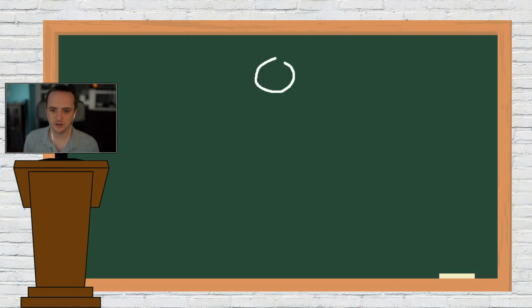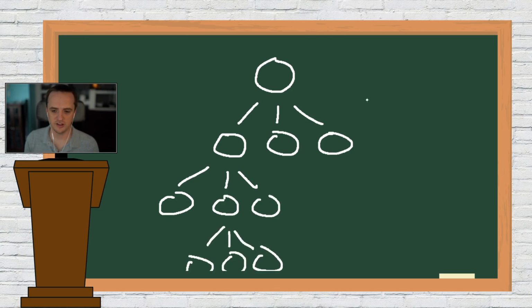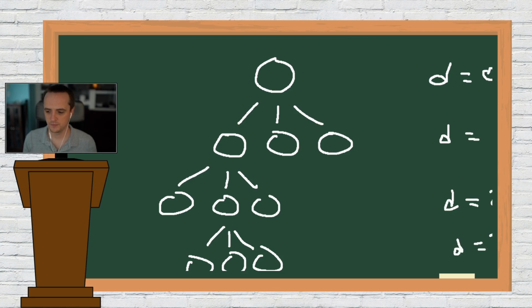So if we have a search here, let's say at any given time we have 3 children, right? So pretend that all of these have 3 children, so all of these over here as well. So we're going to have a depth. So this is depth equals 0, depth equals 1, depth equals 2, depth equals 3.